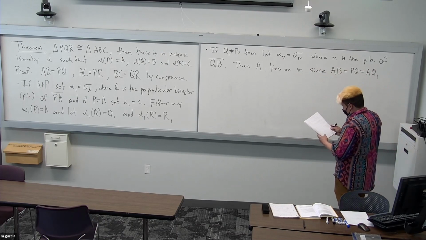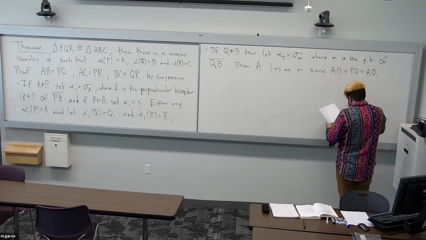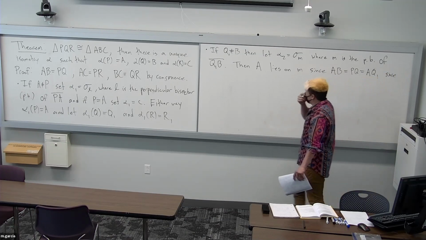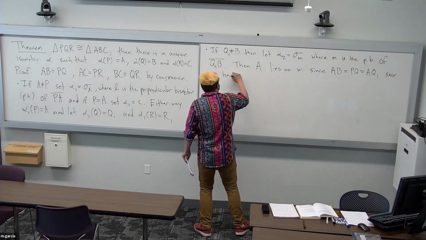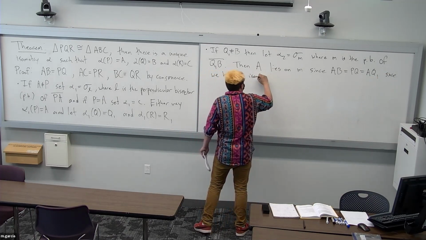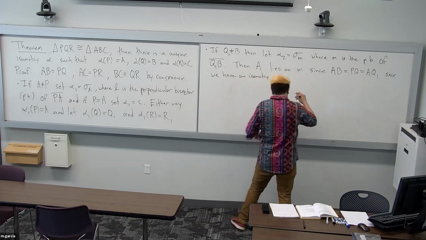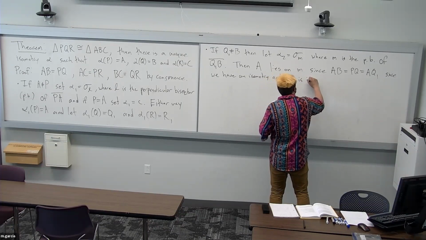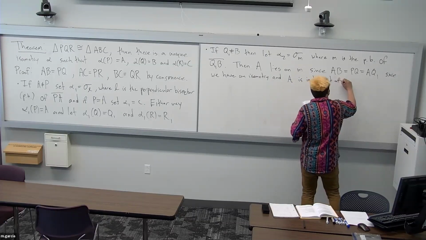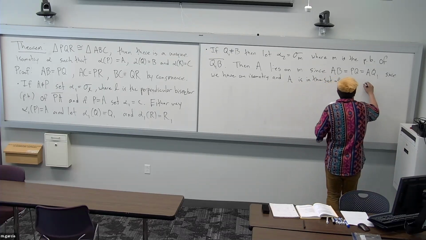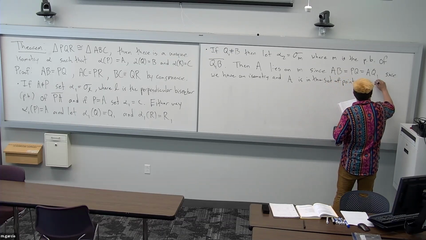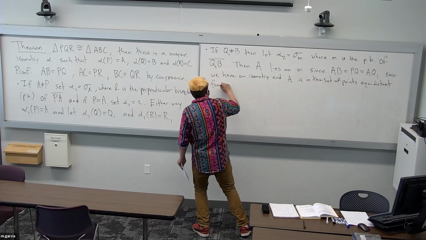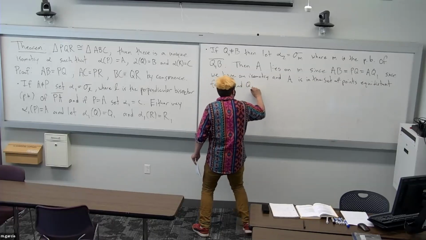Good. I should say, since we have an isometry, A is in the set of points equidistant from B and Q1.